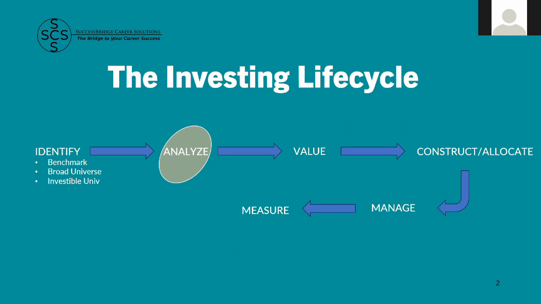In the previous session, we introduced the broad process flow of the institutional money management life cycle. The process flow goes as follows. First is identify the benchmark, and from that get the broad universe of companies. And from the broad universe of companies, apply certain considerations to arrive at your final investable universe.